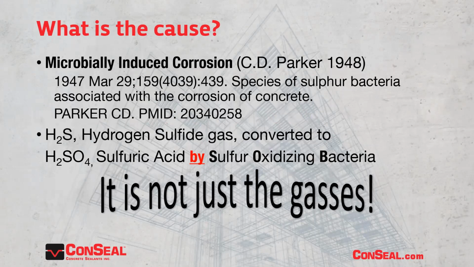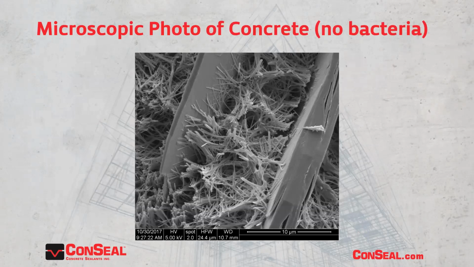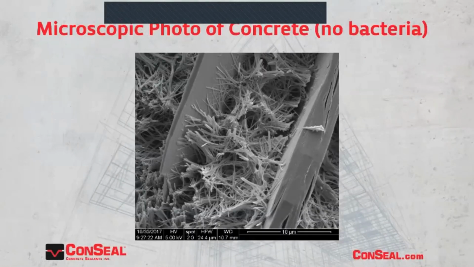the gases into acid. There is a way to look at concrete under a microscope, and when you do that, you can look at the structure, the crystalline structure and the different particles inside the concrete. And when you look at that concrete without bacteria, you see it's really nice and clean and fresh.